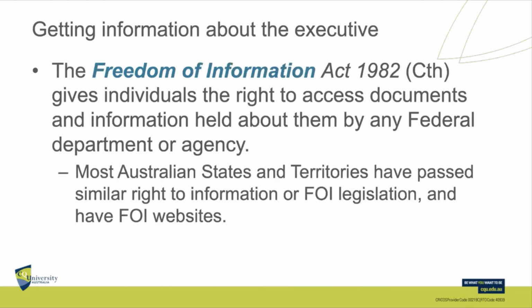Another way for citizens to hold the executive to account is to get information. Access to information is essential to accountability because you need the information on which to hold the government to account. Right to information, or FOI requests, mean citizens can see the basis of executive decision-making.